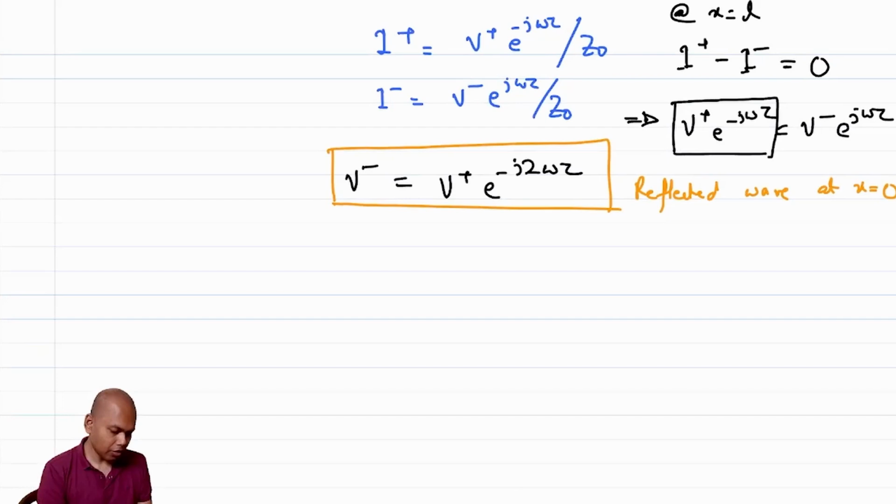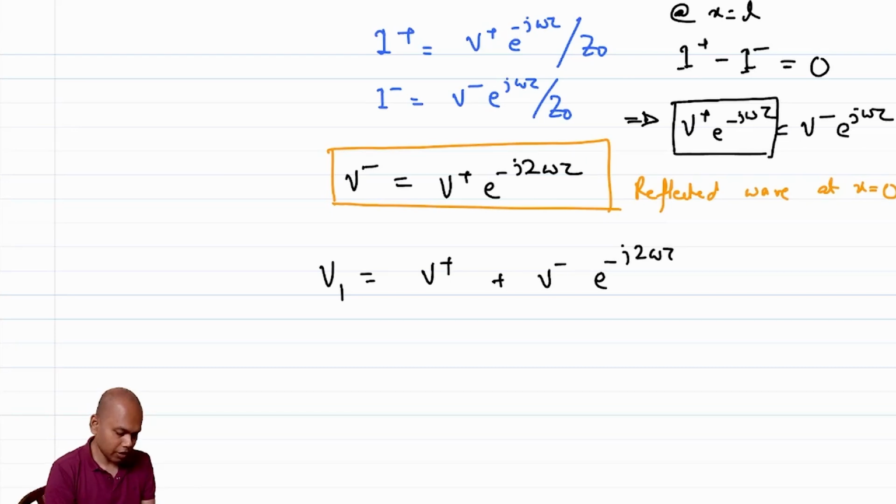Okay, and now since these are continuous time waveforms, it is there from t equal to minus infinity to t equal to plus infinity, which means that these two wavefronts are going to, at steady state, overlap, right? It's not like the wavefront is there for only one instant of time. If that is the case, what is your total waveform at V1? It is nothing but V plus V minus e to the power minus j 2 omega tau.